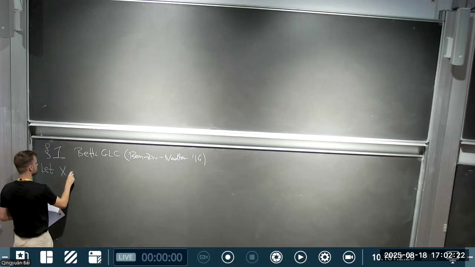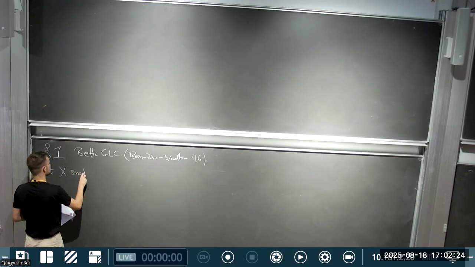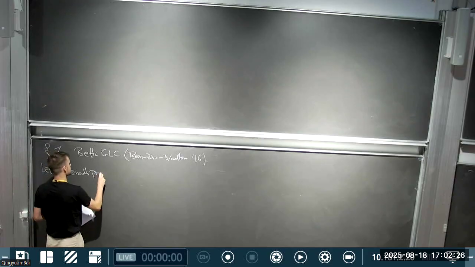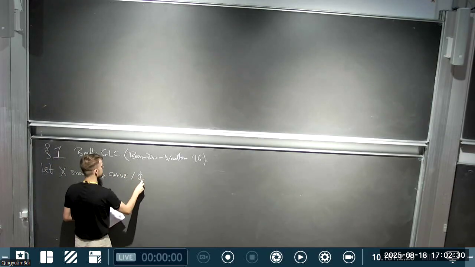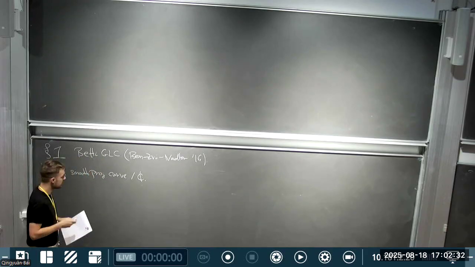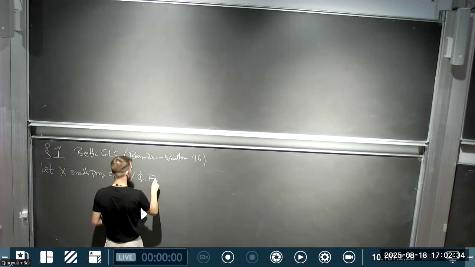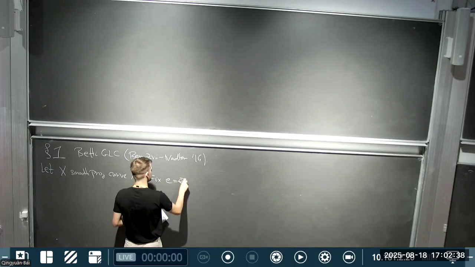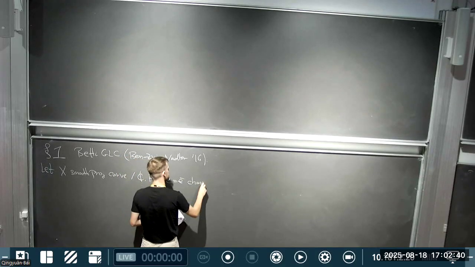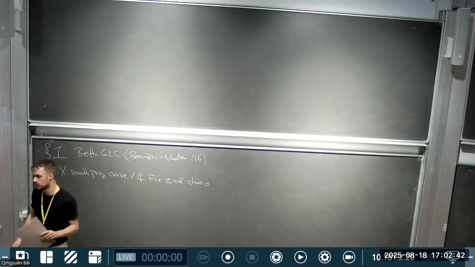X is a smooth projective curve as usual, over the complex numbers. And we fix E, an algebraically closed field of characteristic 0, to be thought of as the coefficients.